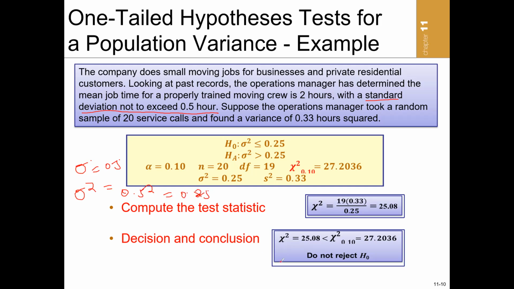So here, the standard is that the standard deviation does not exceed 0.5 hours. When something does not exceed 0.5, it means that it is 0.5 and below. It doesn't exceed 0.5, all right?